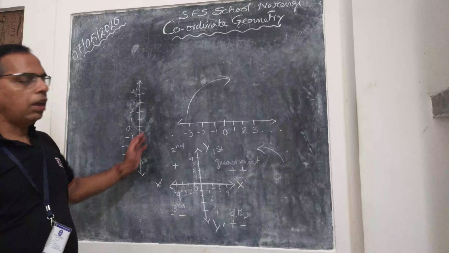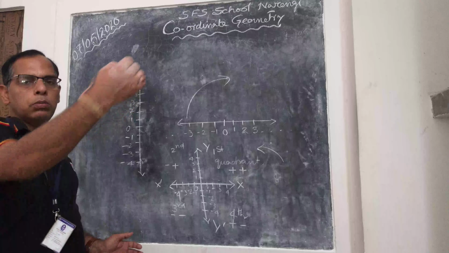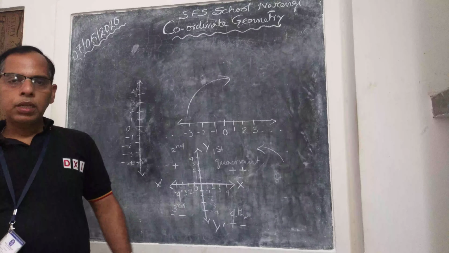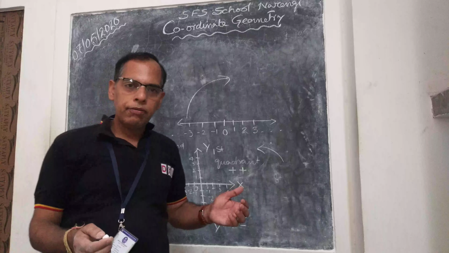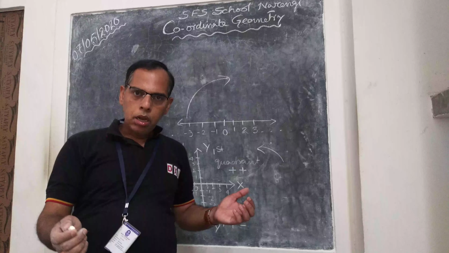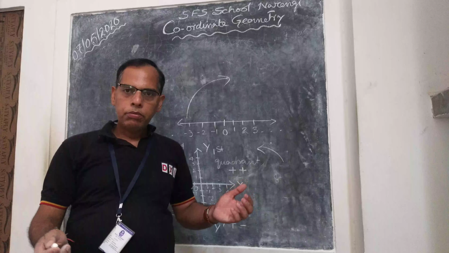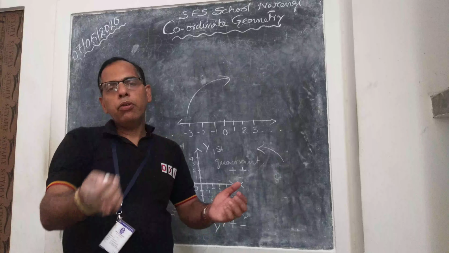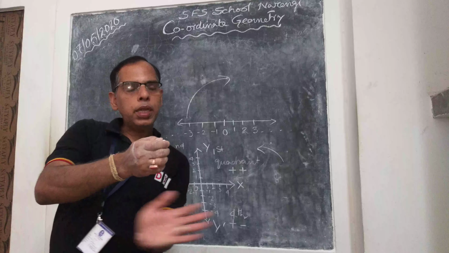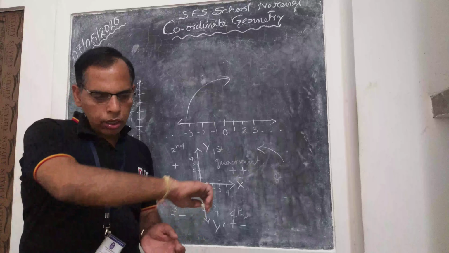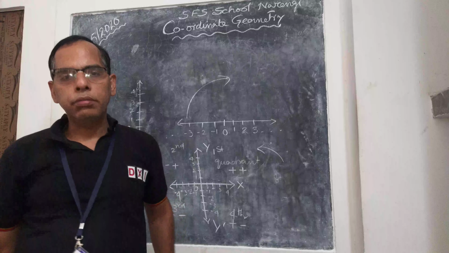Clockwise direction means left to right. Anti-clockwise direction means right to left. That means if you ride a vehicle and rotate your steering to the left, it will take the turn of the left. If you rotate to the right, it will take the turn of the right.